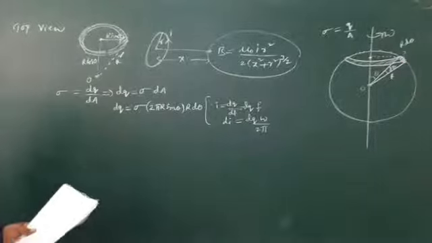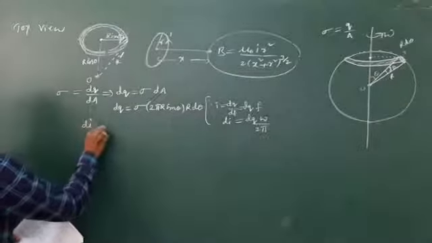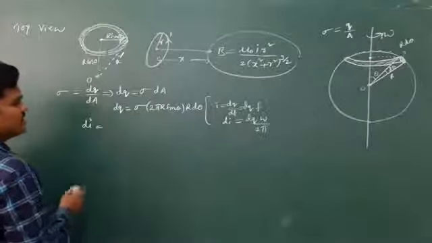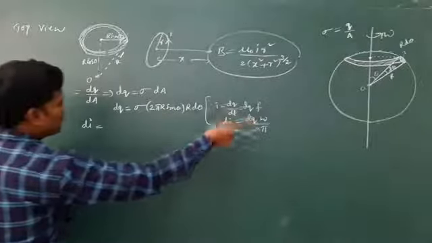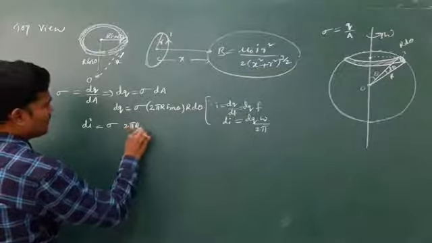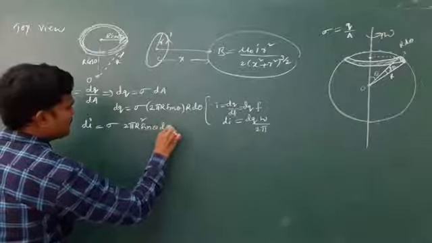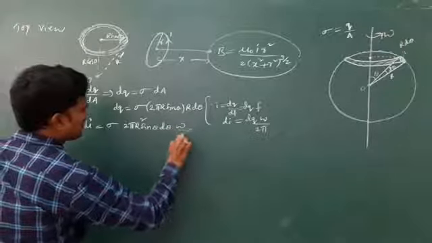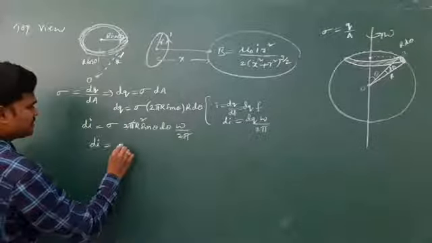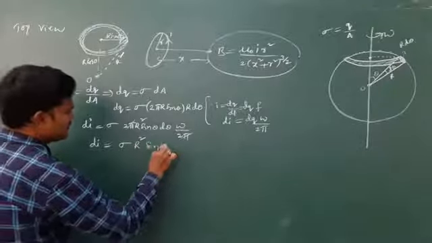So dI, the current in that region, is dq omega by 2 pi, with dq equal to sigma 2 pi r square sin theta d theta, times omega by 2 pi.